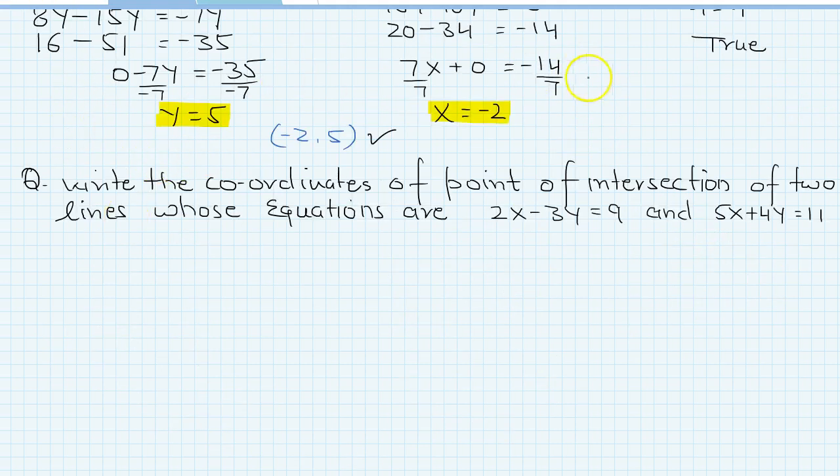Now the next question, they have not told you to solve the simultaneous equation. They have just given the question: write the coordinates of the point of intersection of two lines. This is the first line, 2x minus 3y is equal to 9, and there is another line, 5x plus 4y is equal to 11.